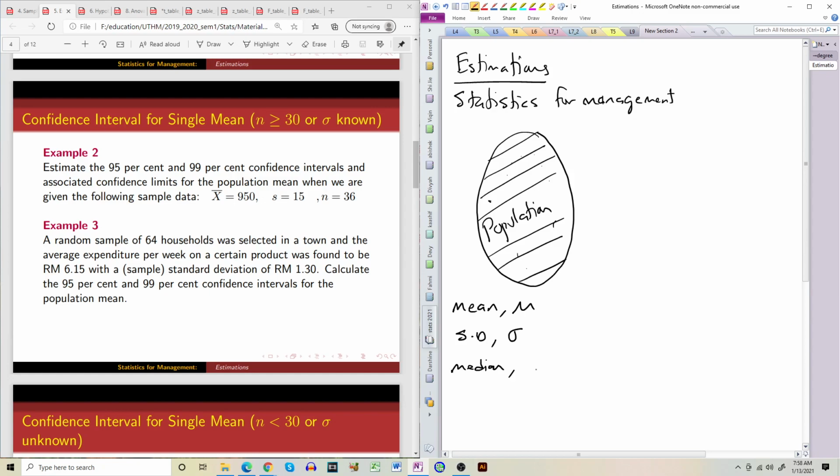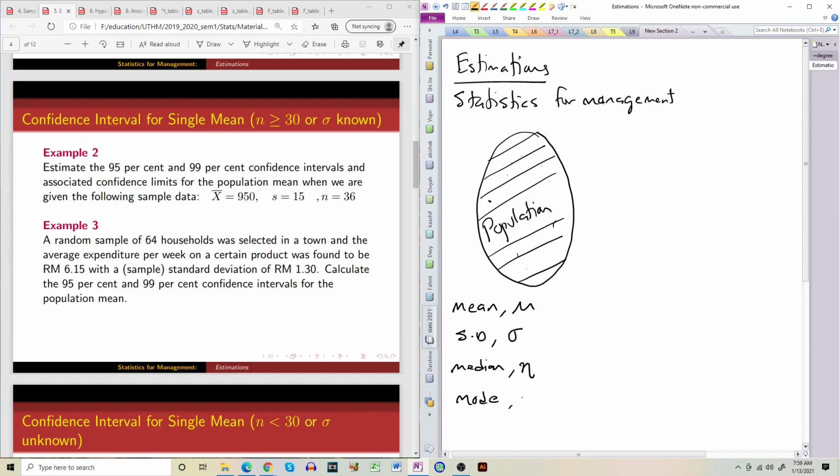Median you will denote by, I forgot the name of the notation, but it's like n. And there's a mode. I don't know the standard notation for mode.